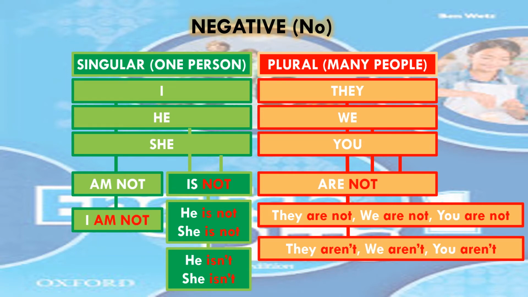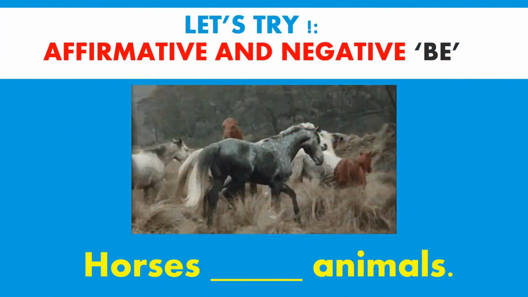So let's look at the example. Okay, the first one. Look at the picture. There are many horses there. There are more than one. So look at the sentences. Horses, animals.